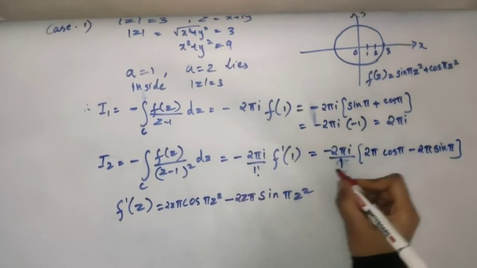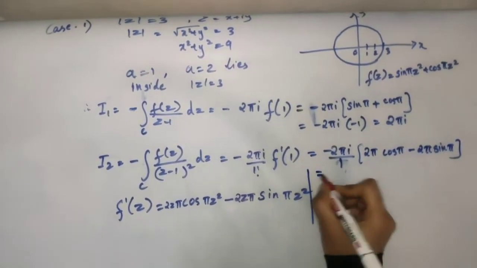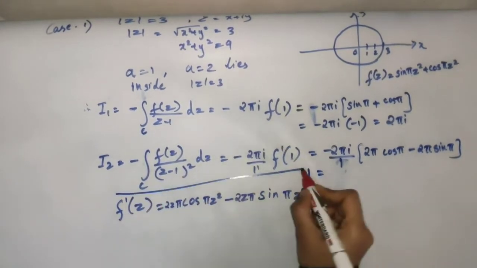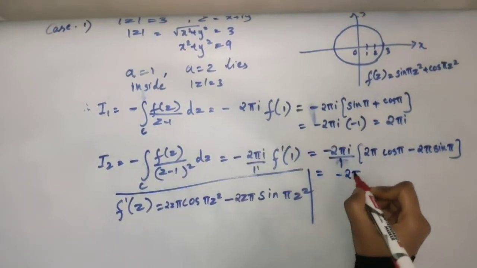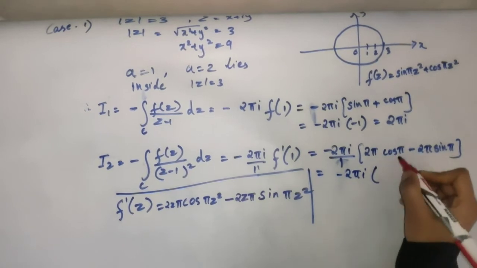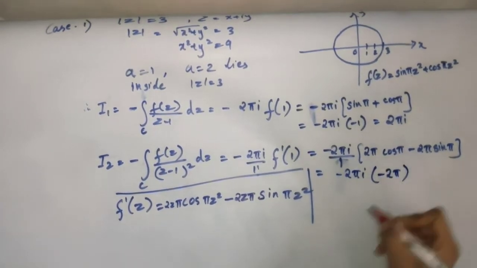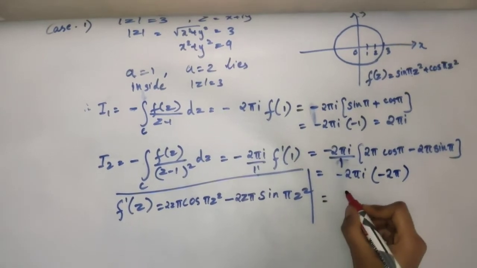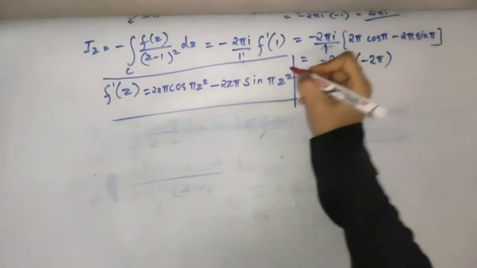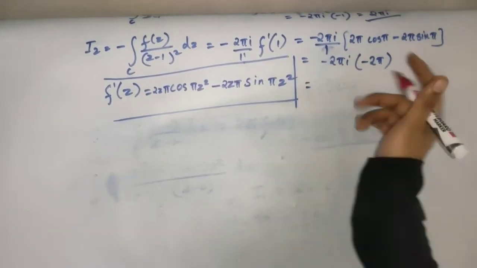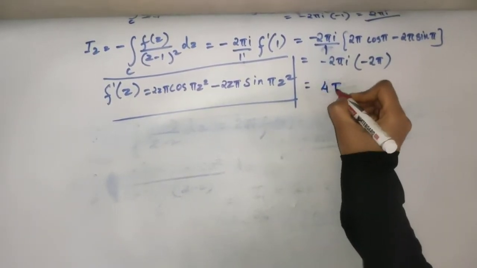Sin pi is anyway 0. So that will be equal to minus 2 pi I into cos of pi, which is minus 1. So 2 pi, it will be minus 2 pi. Or finally, therefore your I2 works out to be plus 4 pi square I.